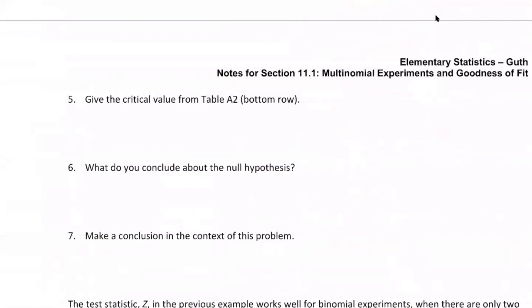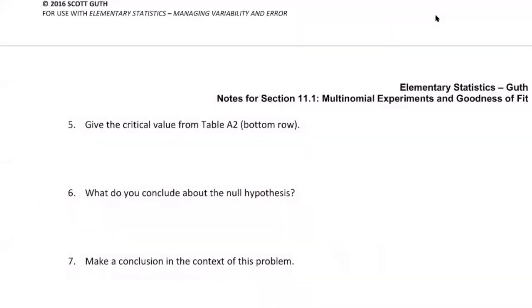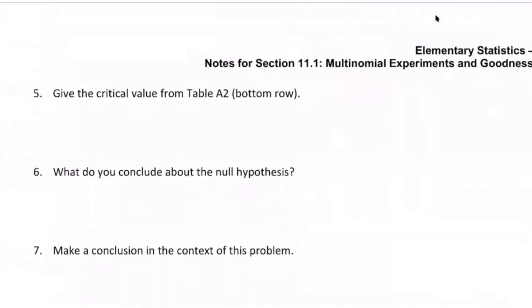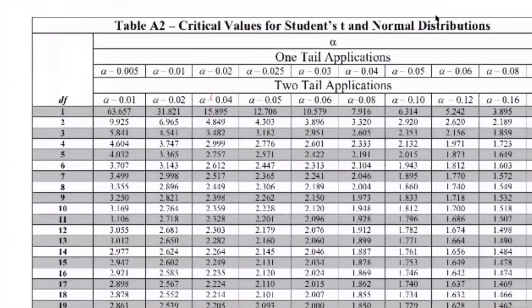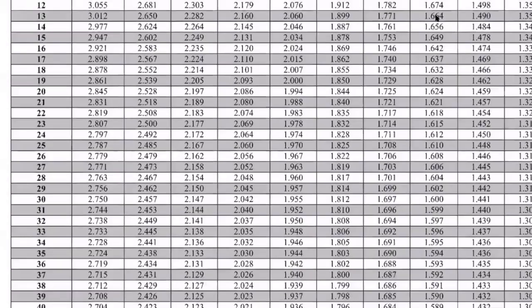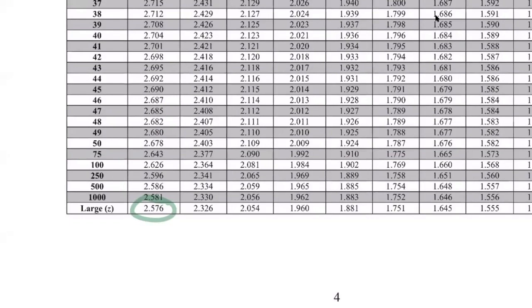Okay. So critical value, bottom row of table A2. Let's skip this. No, I take it back because we're going to do critical values for the chi-square. We'll go with it. Bottom row of table A2, fine. Let me pull that up. Okay, so just to remind you, is this a two-tailed test? So I'm looking under two tails with a 0.01 alpha here. The very bottom row there is a 2.576 critical value.